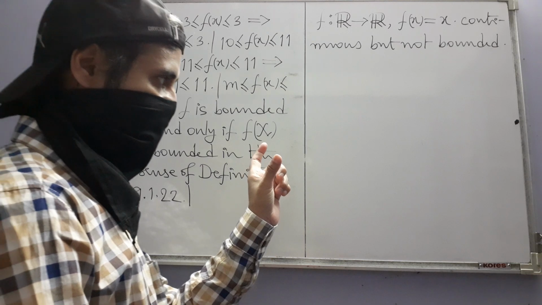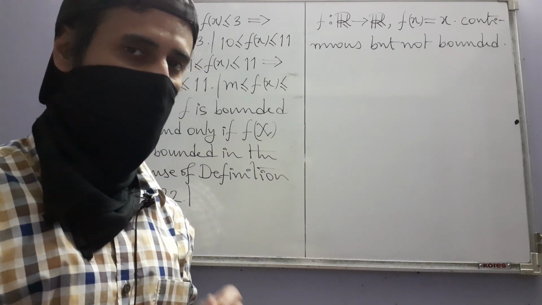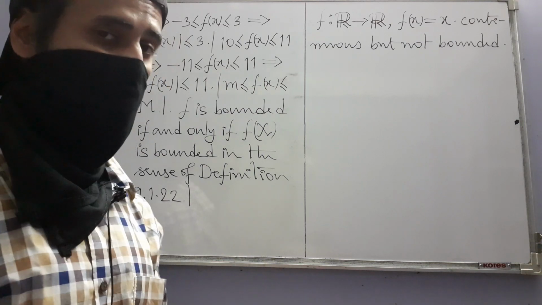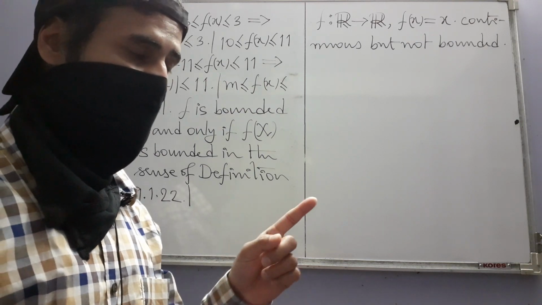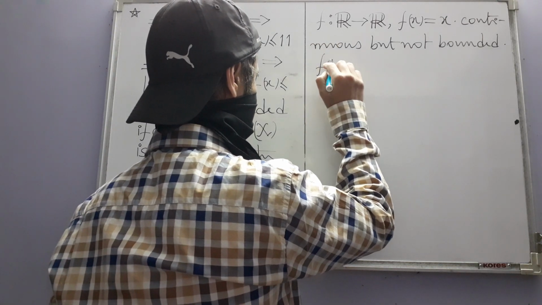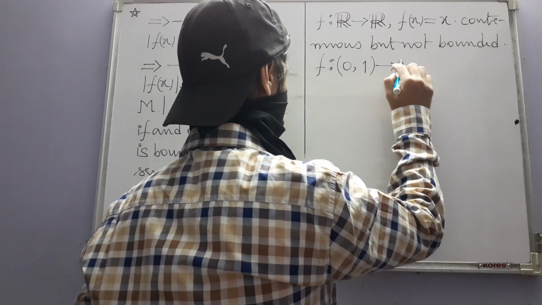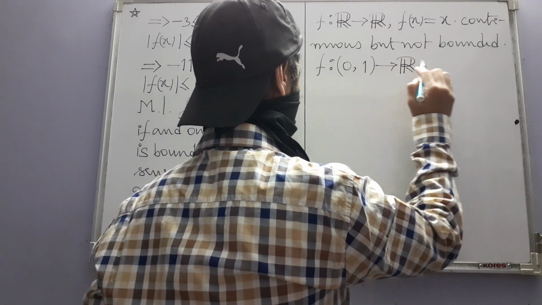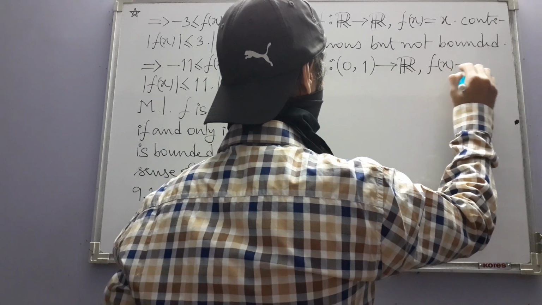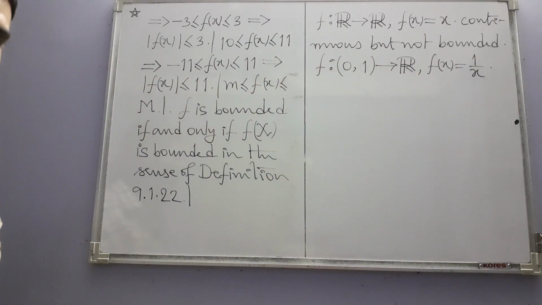But even if you concentrate on a small portion of R, still you may get unboundedness. But still the function may be continuous. One such example is, say, the reciprocal function.